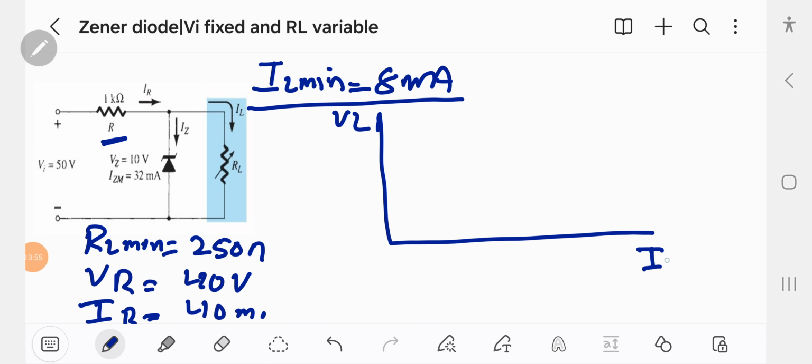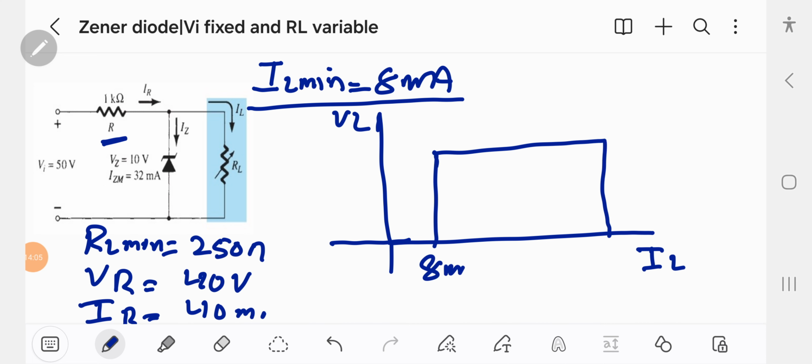The minimum value here in this case is 8 milliampere, and the maximum IL value is, this is IL minimum and this is IL maximum, which is 40 milliampere.